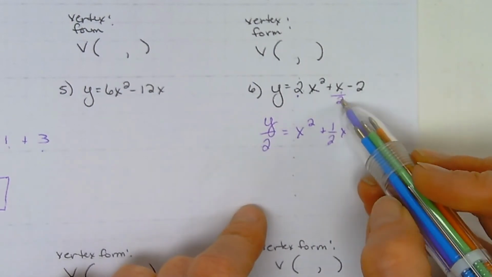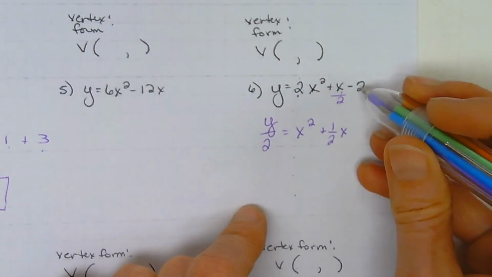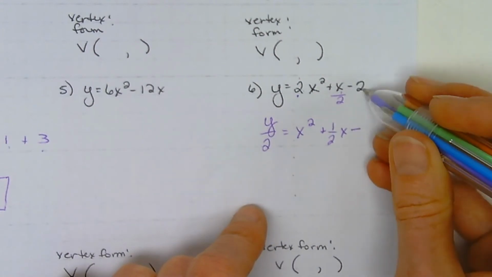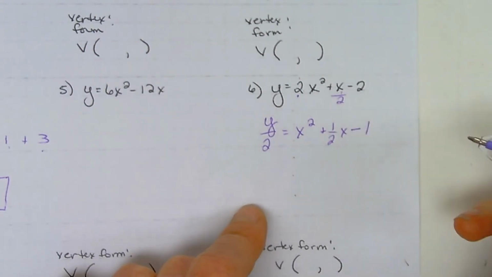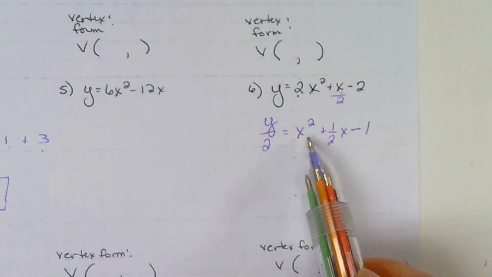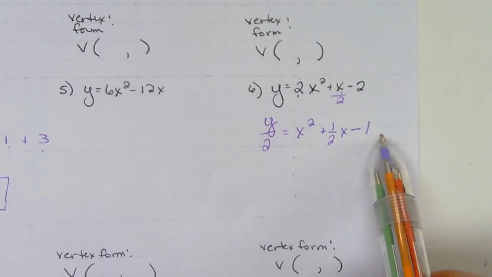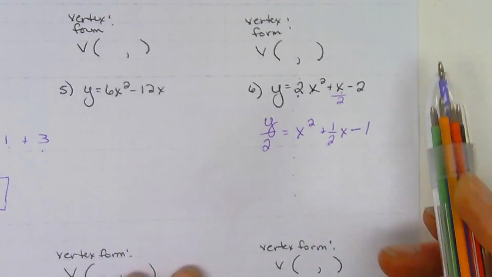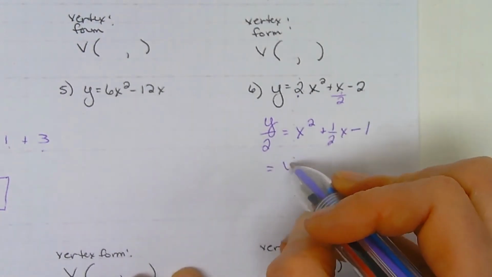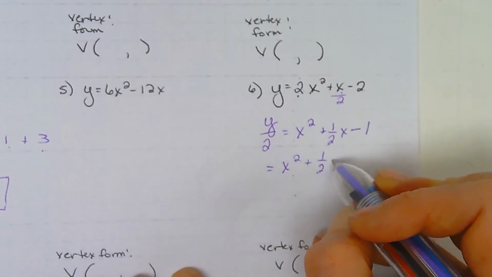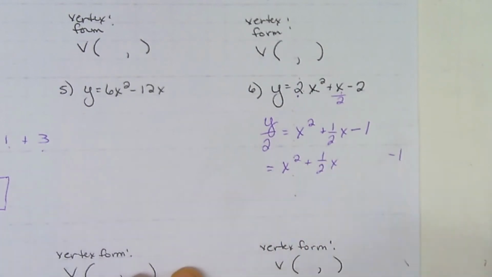And then negative 2 divided by 2 is minus 1. So I just factored out, or divided everything by 2. I'll rewrite with x squared plus 1/2 x and put the minus 1 all the way over here.